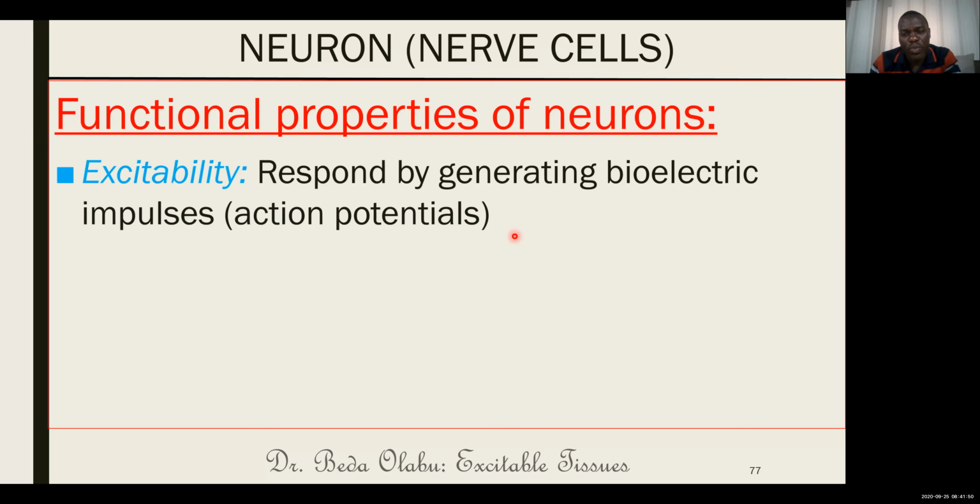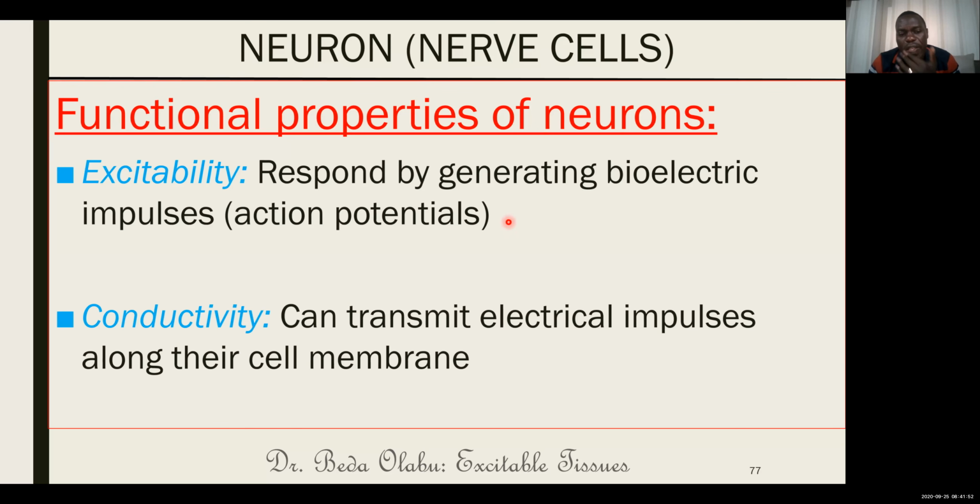The second property of neurons is conductivity. Conductivity is the ability to transmit electrical impulse, usually along the cell membrane of that particular cell. So neurons can generate impulses.